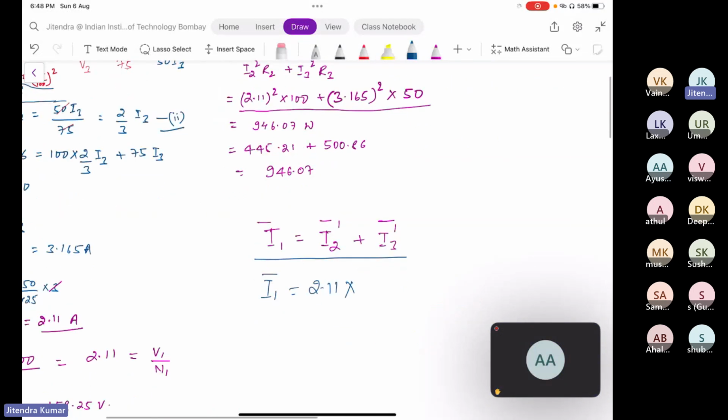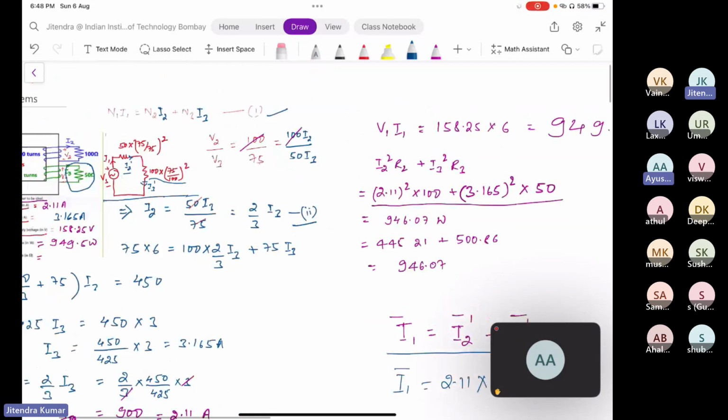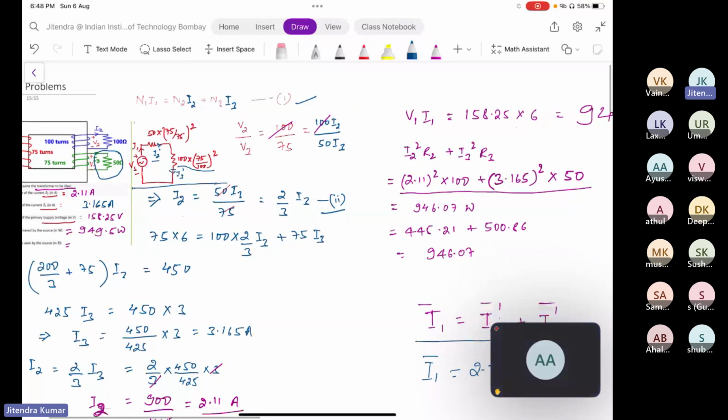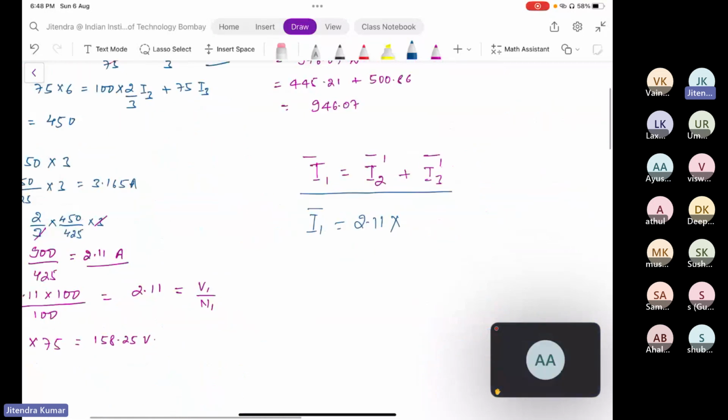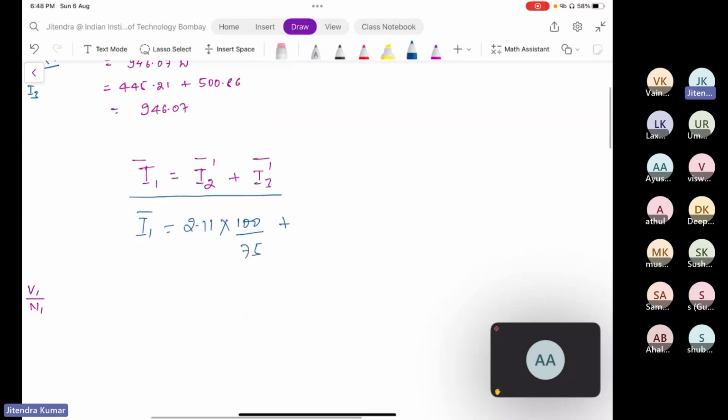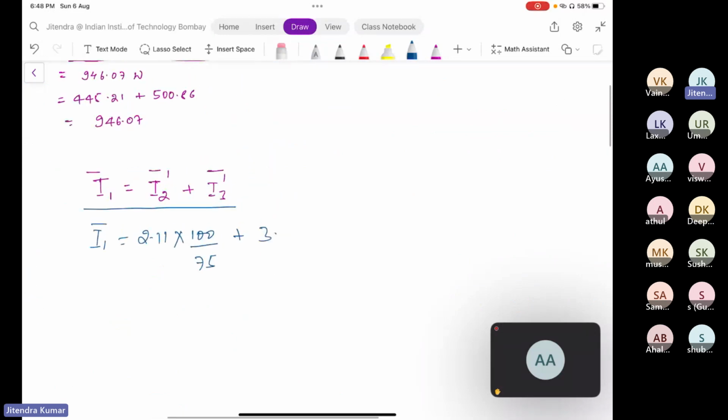So I2 dash is 2.11 into 100 by 75, plus I3, which we have calculated as 3.165, so 3.165 into 75 by 75.